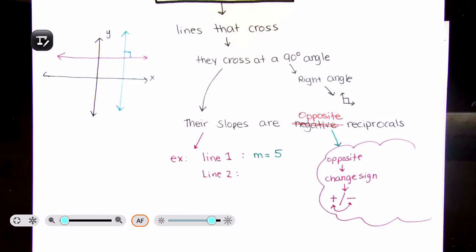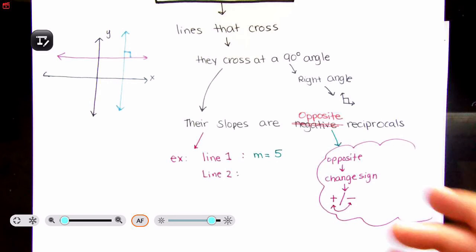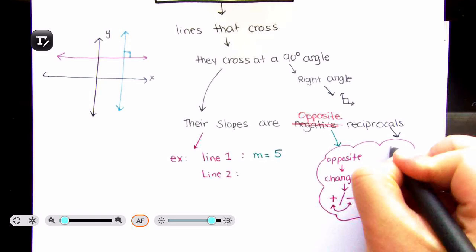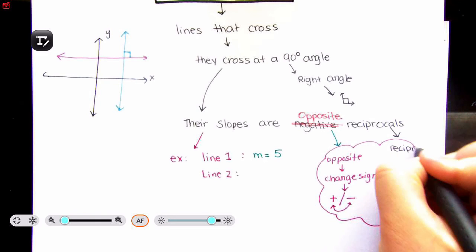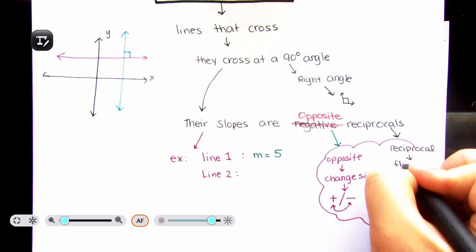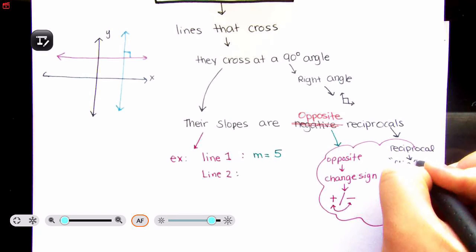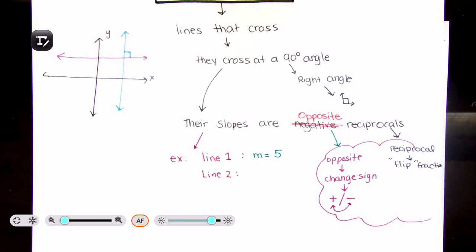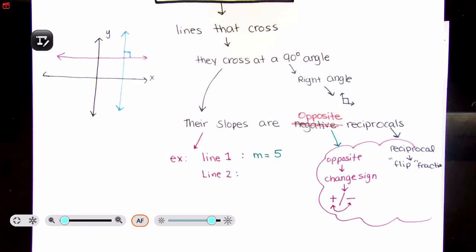Now, reciprocal means you flip your fraction. And what does it mean to flip a fraction? Let's see if I can quickly show you here.